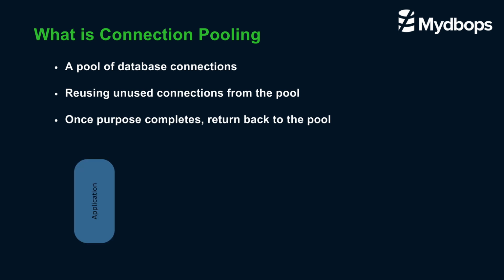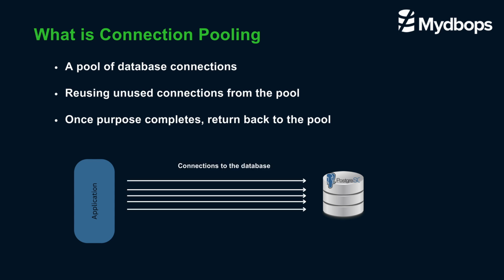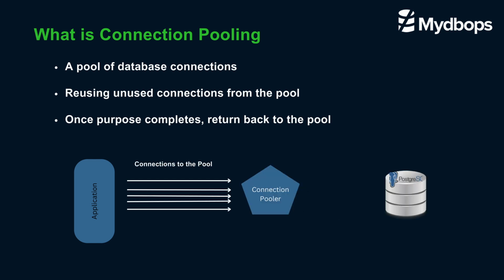So let's see this example. We have an application and the PostgreSQL database, and if there is no connection pool, all the connections will directly hit the database. This is the default architecture. If we introduce a connection pool, all the connections from the application will hit the connection pool, and then only very few connections, which are already created in the connection pooler, will hit the database.